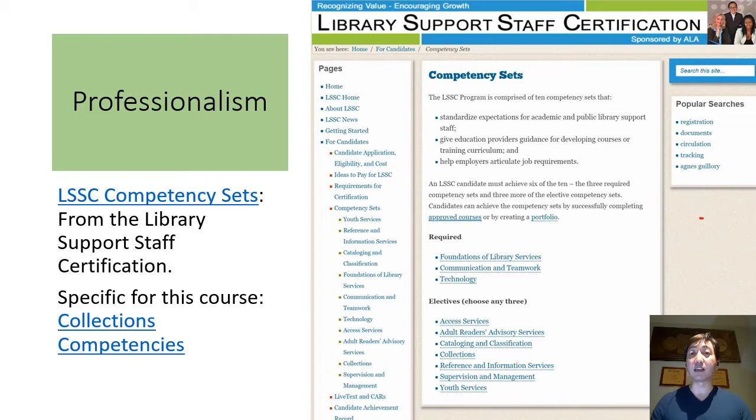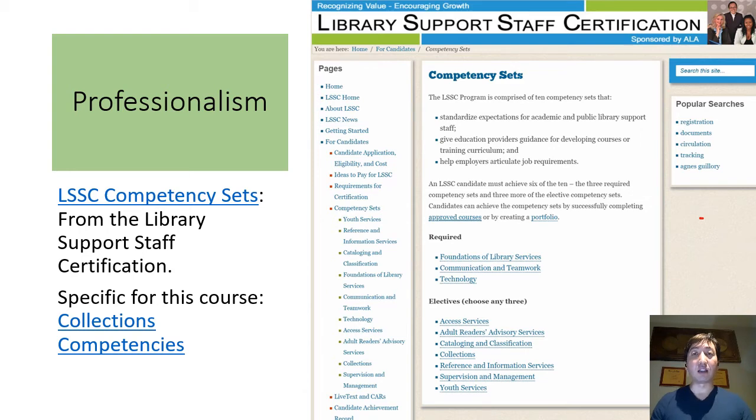The LSSC is from the ALA, Allied Professional Association, and outlines a few core knowledge areas for all staff: foundations of library services, communication and teamwork, and technology.